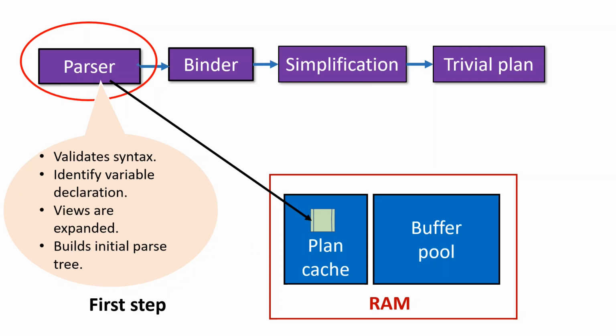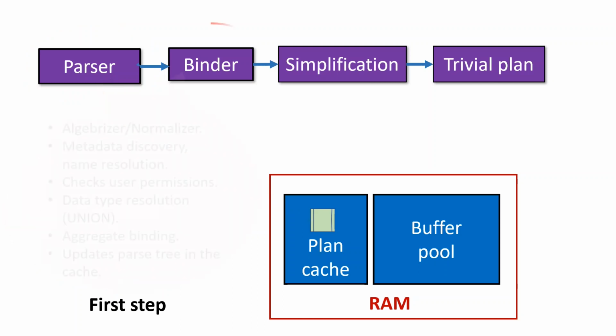But what if there is no exact match? What if the query is running for the first time and needs an execution plan generated? Then at this parser component, the parser will build the initial logical tree, and then our query will be sent to the binder component.